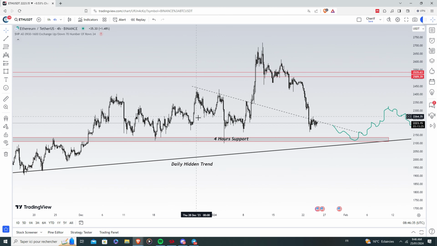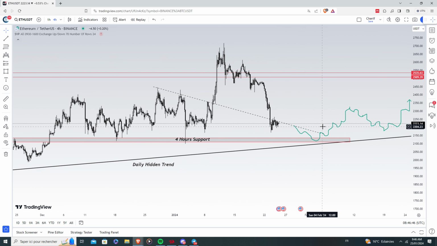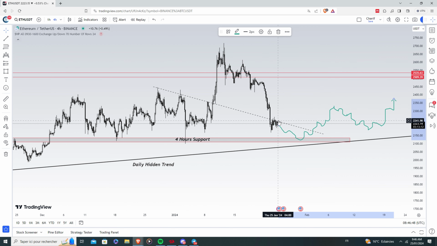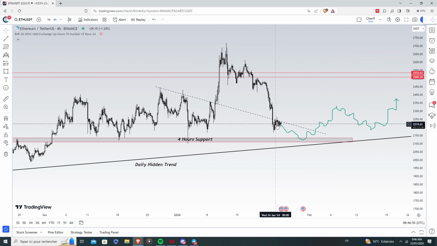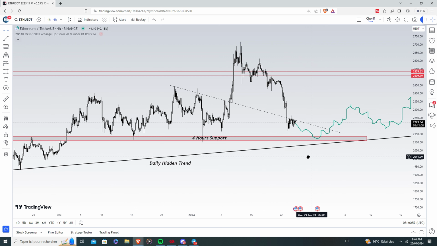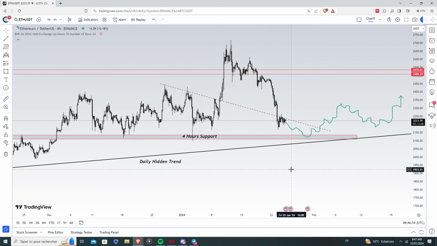Over here, this one's the first, second rejection, third. See, we have broken from above it, then we have lost momentum, broke from below, and this was the retest. I believe that after the retest, we will fail to break from above, which will take us down again until the 4 hour support and the daily hidden trend, which would be enough to push higher.